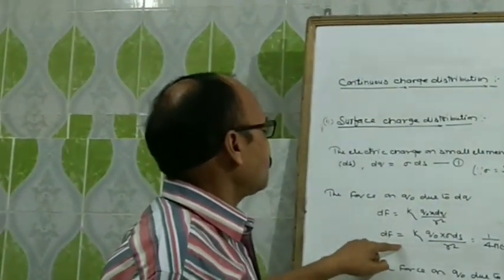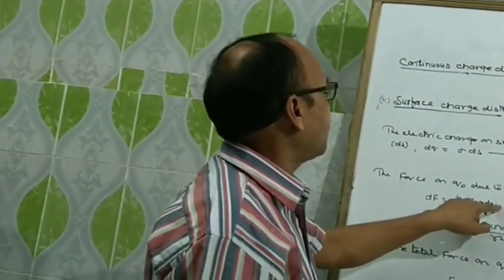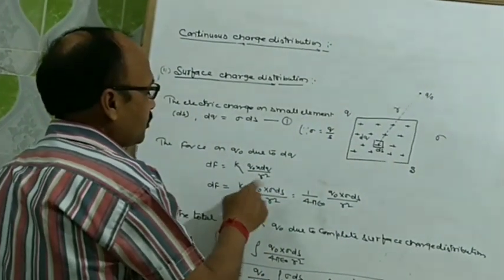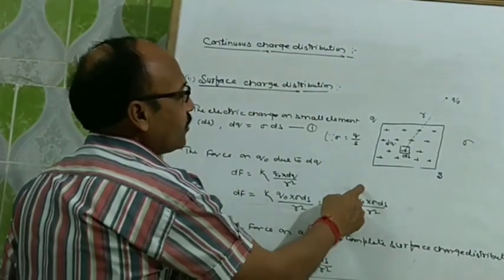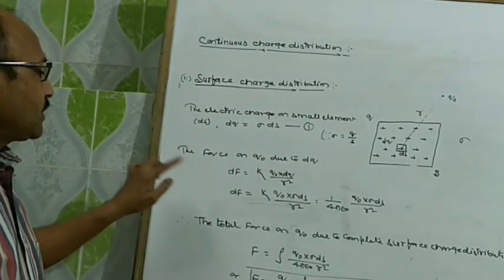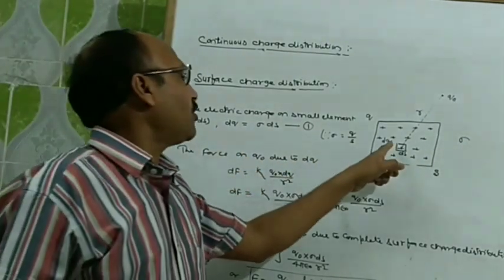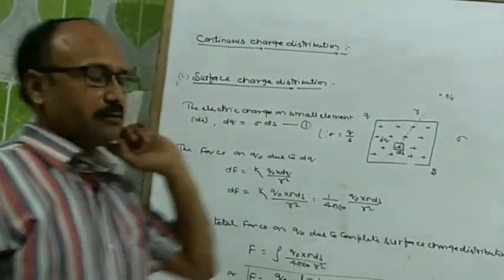And dF equals k q naught sigma ds upon r square. You put the value of dq from this equation, and put the value of k, 1 upon 4 pi epsilon naught, so this will be q naught sigma ds upon 4 pi epsilon naught r square. This is the small amount of force applied by the small element charge dq on the q naught.